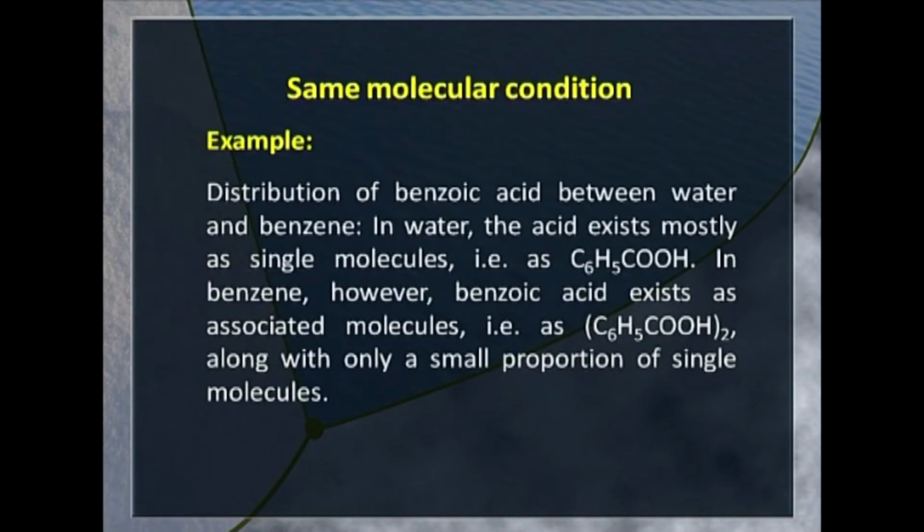As an example, we can consider the behavior of acetic acid and benzoic acid. These have a tendency to form dimers in benzene. So, if we carry out an experiment in which these acids are distributed between water and benzene, then the results of the experiment C1 by C2 are found to be not constant.